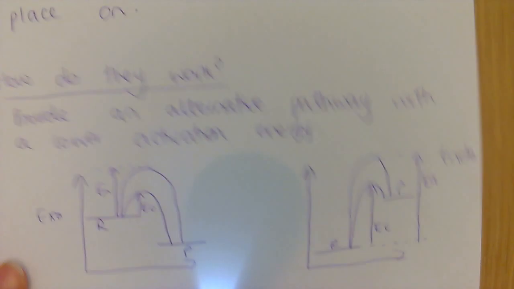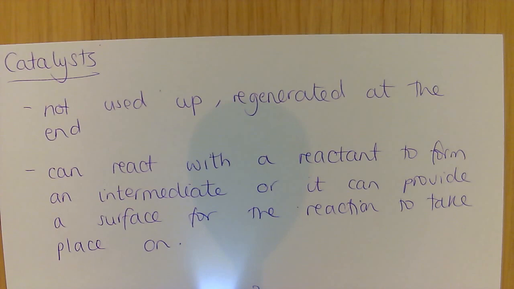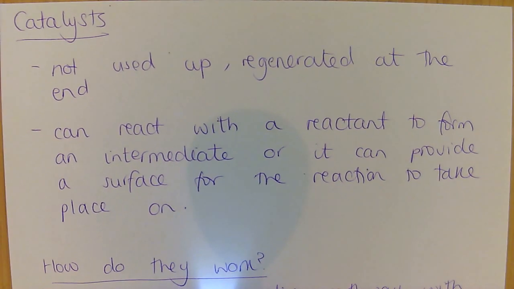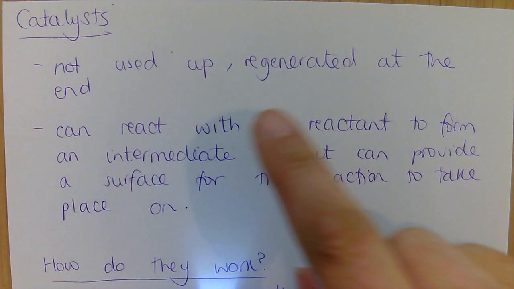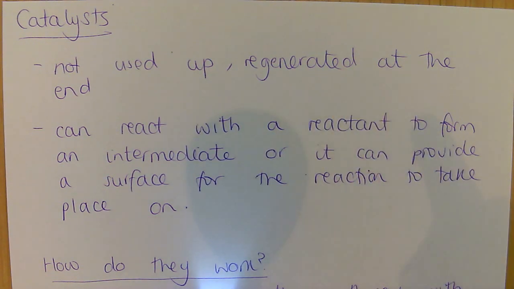And then the final bit of this section, before it goes on to the Boltzmann distribution, which we've already talked to you about, is about the use of catalysts. So, important things about catalysts. The first thing is that they're not used up in a chemical reaction, and they always get regenerated at the end. And catalysts can work in two ways.